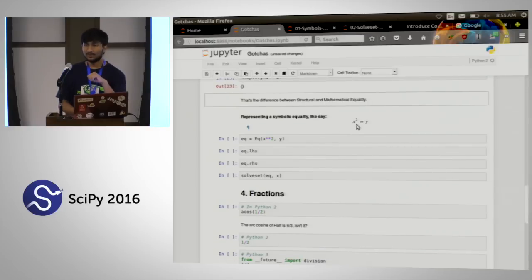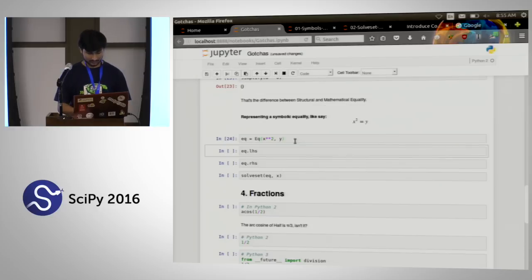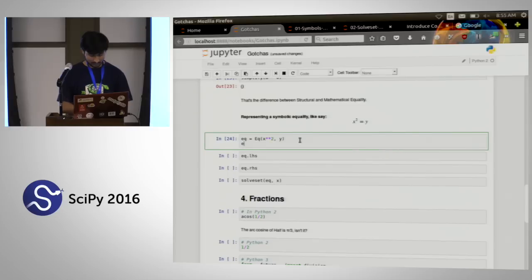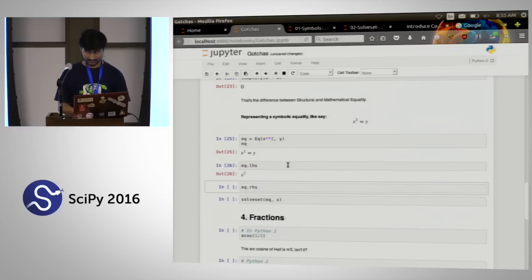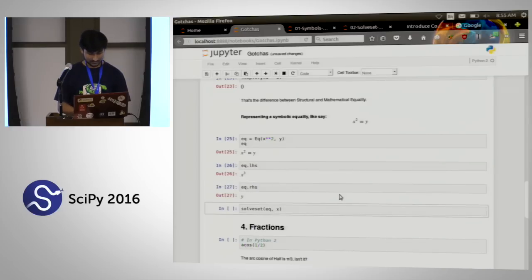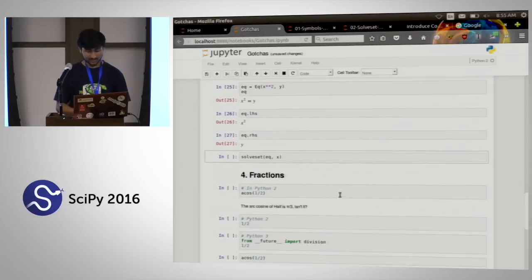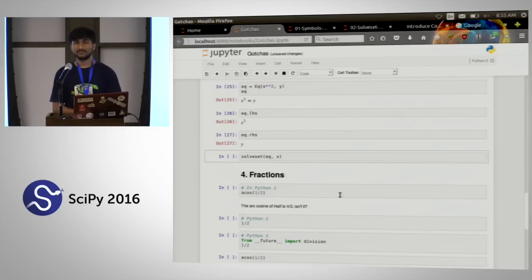And if you want to represent some equations, then you can use the Eq function. And you can access the LHS and RHS. And SymPy has this solveset function which solves equations. You can pass this Eq object inside it, and it will solve the equation.